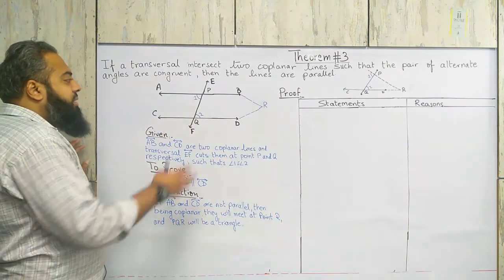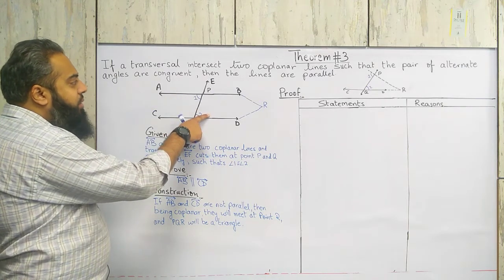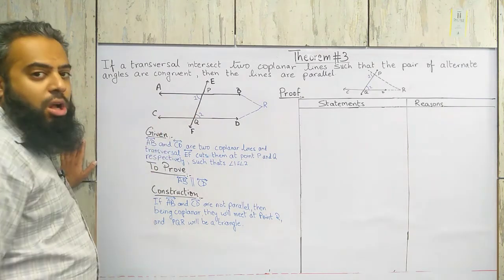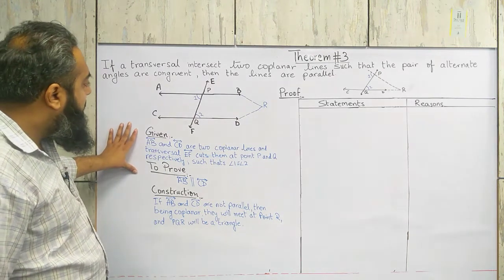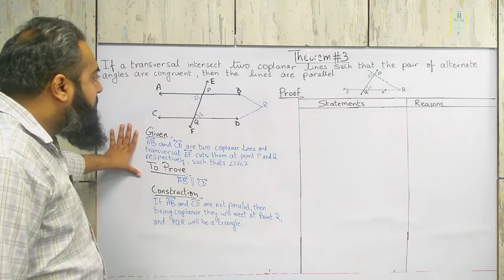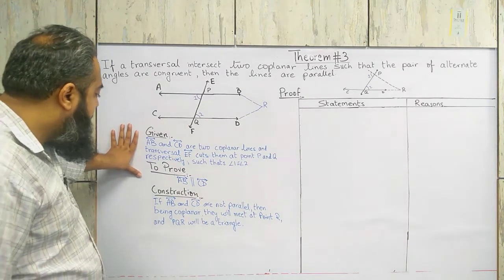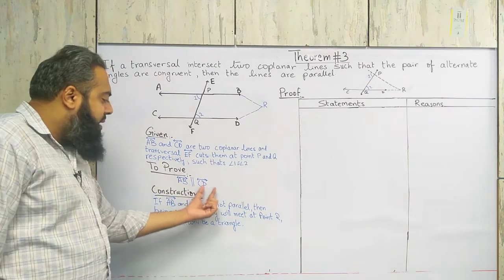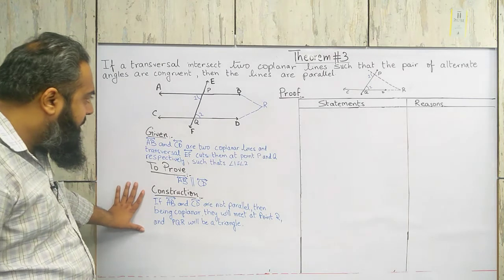And in the result we have angle 1 and angle 2 as a pair of alternate angles. But to prove that, we have to prove AB is parallel to CD, and to prove that we have done some construction over here.